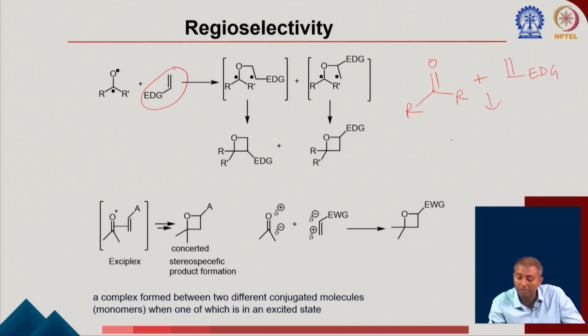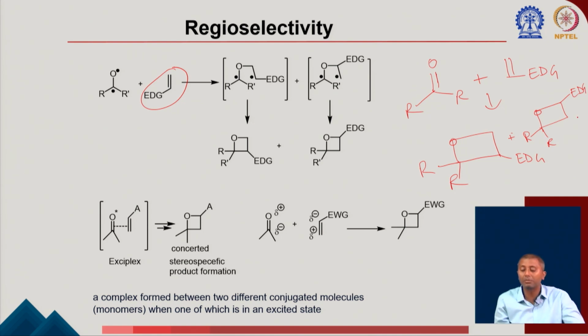What are the two different oxetanes going to form? It can form this one, with the electron-donating group, or it can form the other one, correct.